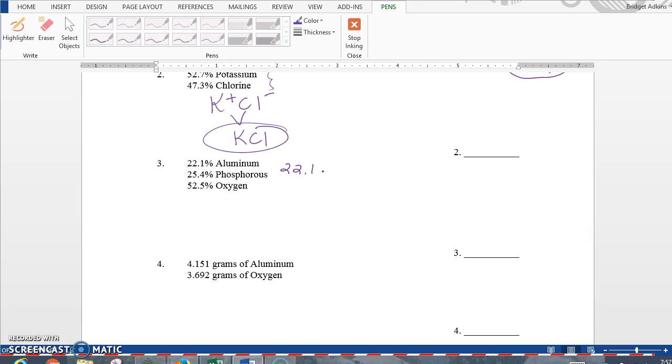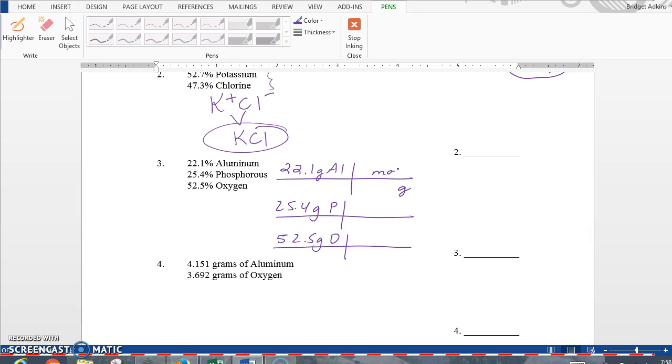So we're going to take 22.1 grams of aluminum, start our bridge, 25.4 grams of phosphorus, do our bridge, and 52.5 grams of oxygen. Alright, so now we're going to get all those grams into moles. And so I take those molar masses from the periodic table. You guys are experts on that by now.